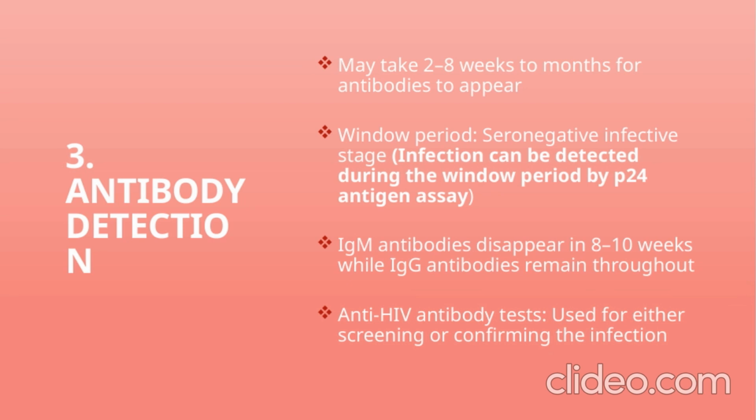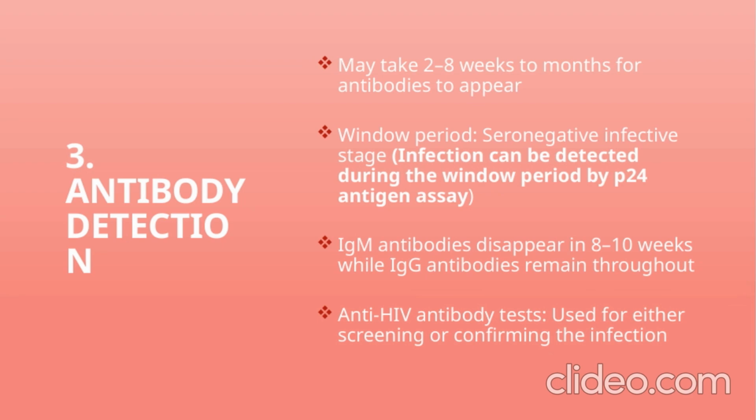Now, as time progresses, IgM antibodies tend to disappear within about 8 to 10 weeks, but IgG antibodies stick around much longer, often throughout the person's lifetime. This is important because most antibody tests are designed to detect these IgG antibodies, which are the body's long-term response to the infection.